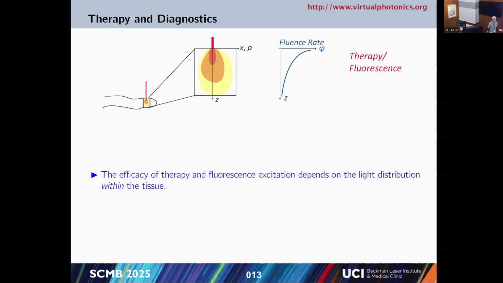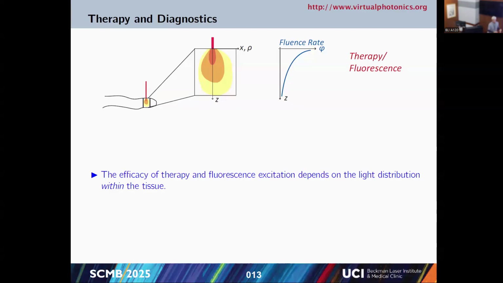So in a therapeutic application, you're using the light to either drive a temperature difference or activate some photosensitive compound, right? The ability to activate that compound depends on the amount of light that's available to do that photochemistry. And it's also relevant when you're doing fluorescence. There are many of you that are very interested in using Monte Carlo for fluorescence, right? And that's because obviously you're not going to get fluorescence if you're not exciting the fluorophore, right? So your ability to excite the fluorescence depends on the amount of light that's available in that location.